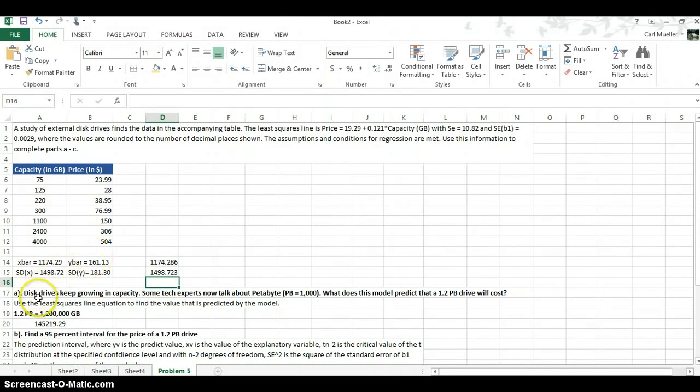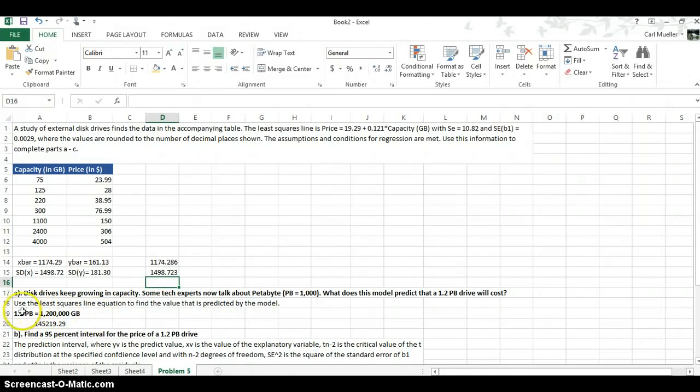So part A: disk drives keep growing in capacity. Some tech experts now talk about a petabyte, which is 1,000 gigabytes. So what does this model mean for 1.2 petabytes? Well, actually, it's 1.2 million gigabytes. That's my correction.